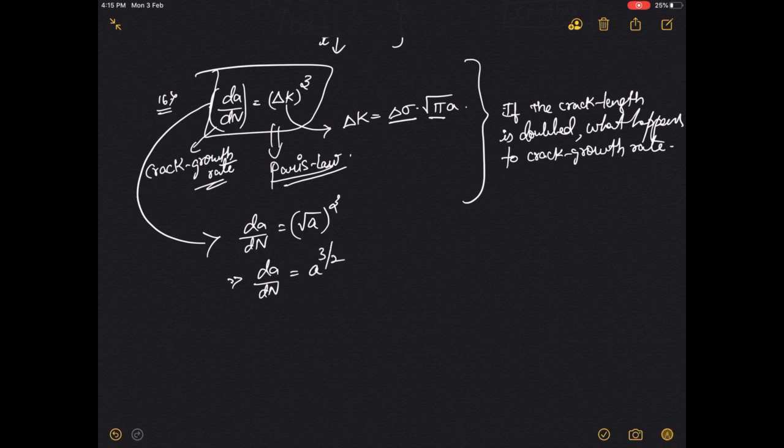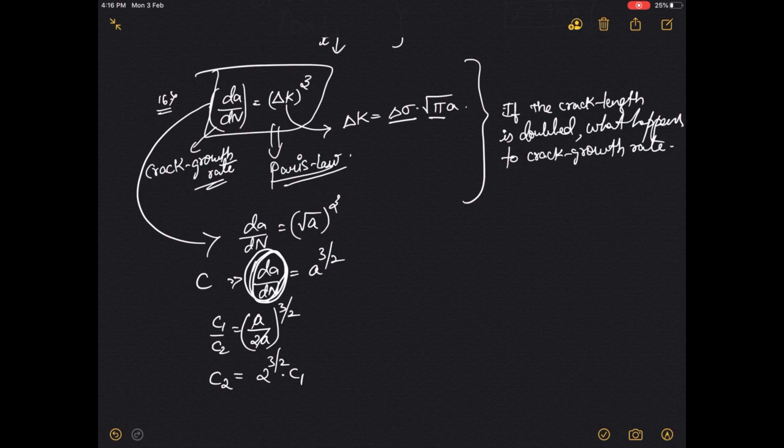Now I'm taking this crack growth rate as C. Okay, so now we want C1 by C2 when the crack length is doubled. So we want C2, this is 2 power 3 by 2 into C1. Okay, so we want this.